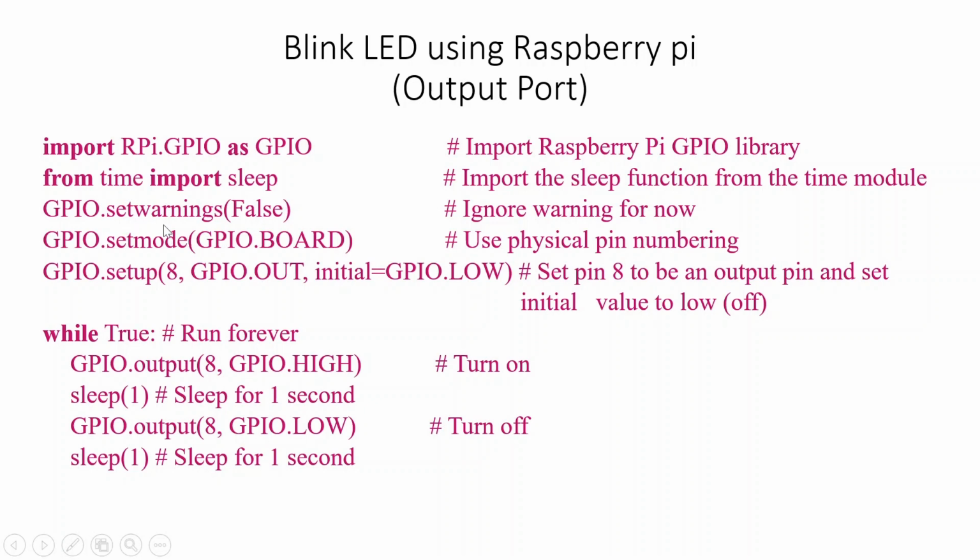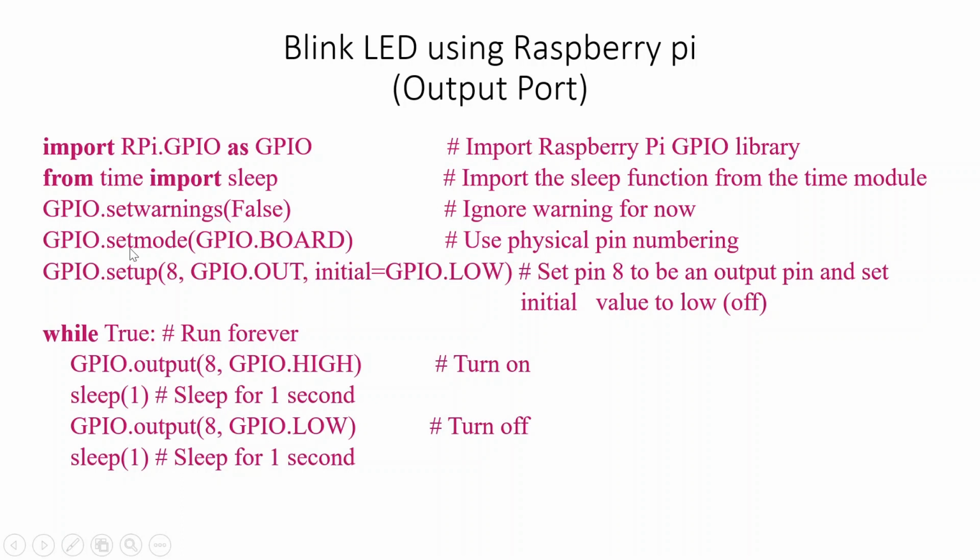Now one more thing, setwarnings is also a predefined function available in GPIO. By using the setmode function we can set which pins we are going to use. There are two types of options, the BCM pin and the board pin. Now we are using the physical pin, so that's why we indicate GPIO.BOARD, and it is set by using setmode.